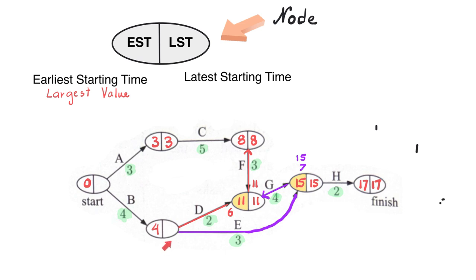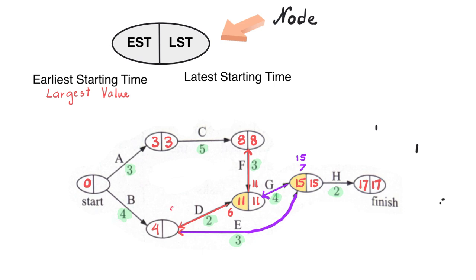Well, let's look at this node over here, which we haven't finished yet. It has 2 tasks coming towards it. There is task D and E. We need to decide now which value we're going to put in there. So if we start with D, 11 take away 2 will give us 9.